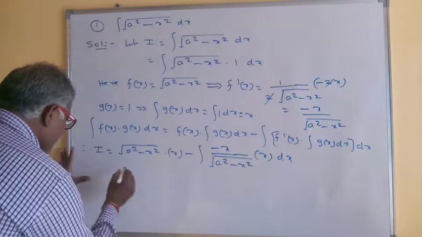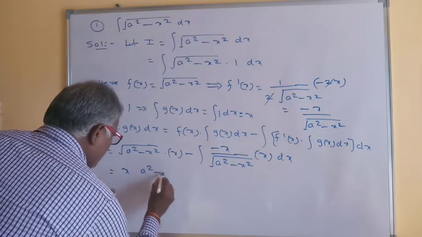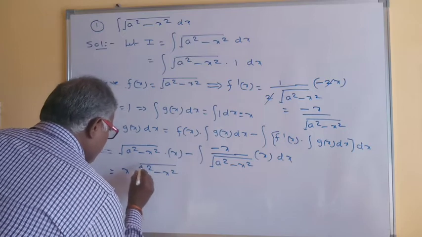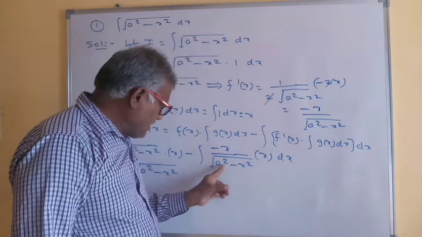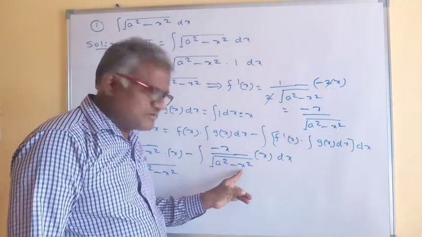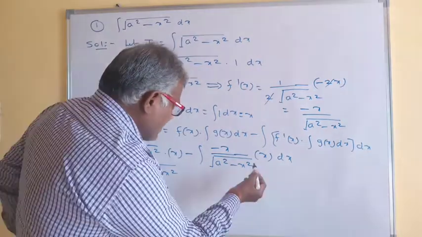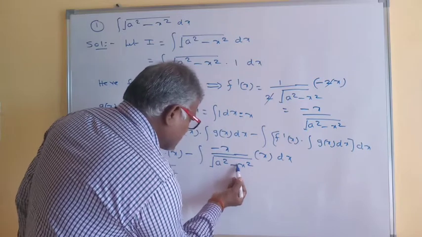Now you see x into root of a square minus x square. If you observe keenly, here a square derivative is 0, minus x square derivative. Here x into x square is there, minus x square.